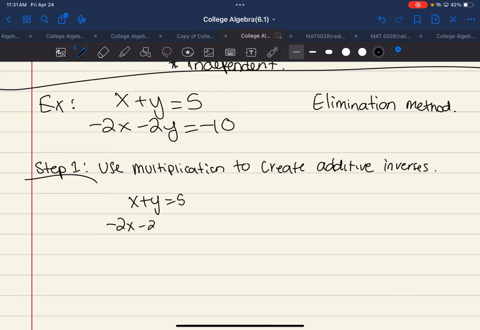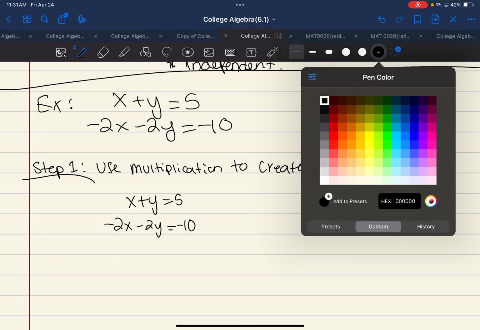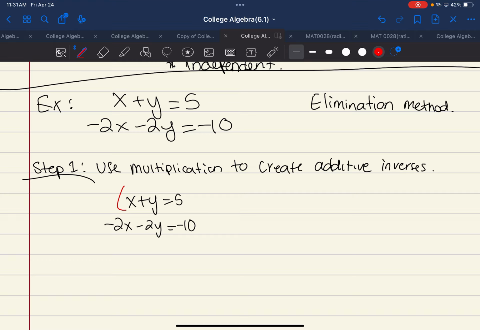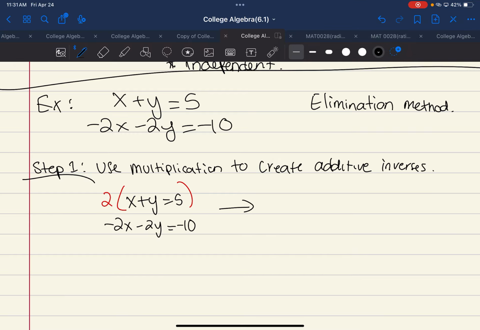What could I multiply equation 1 by? 2, positive 2. Now if I multiply equation 1, I have to multiply everything by 2 in equation 1. So that will leave me with a positive 2x plus 2y equals a positive 10 for equation 1. And then the second equation will stay the same.